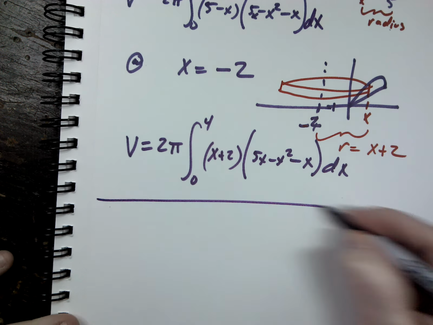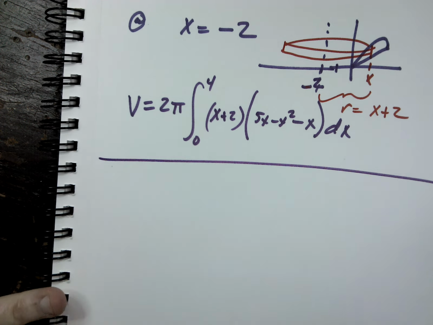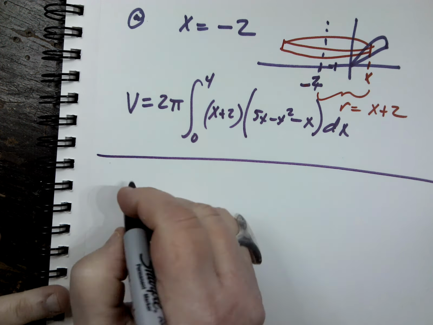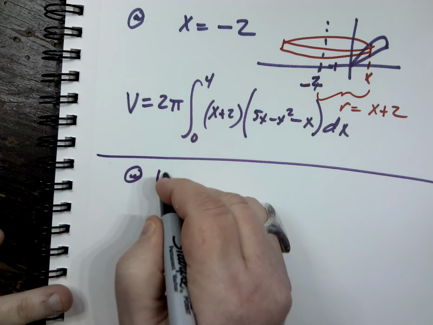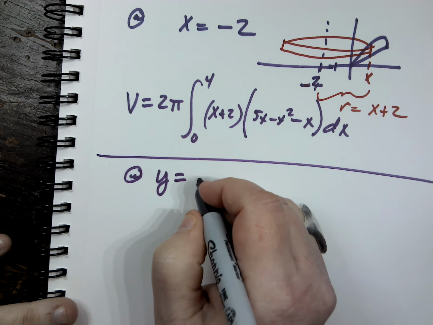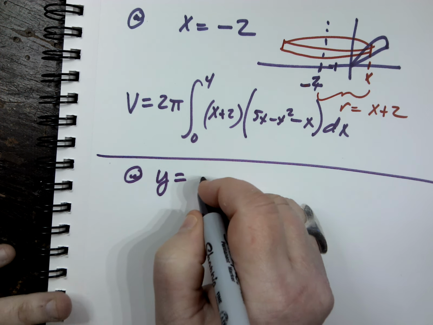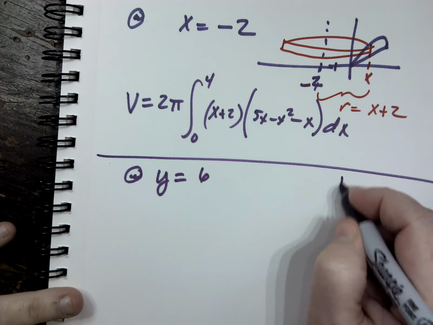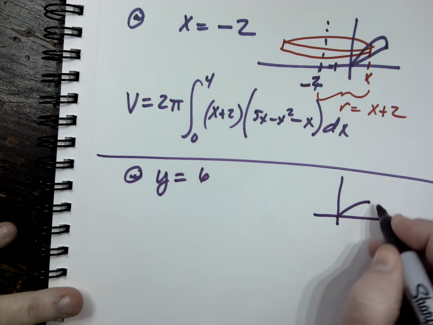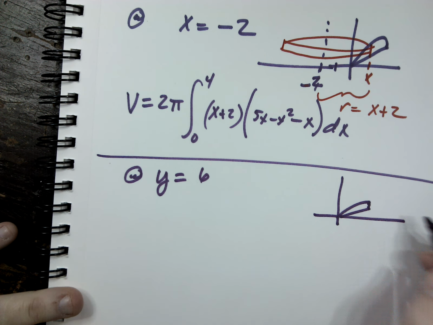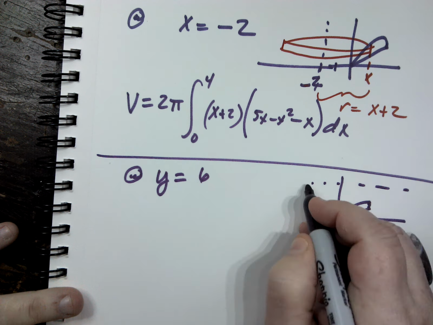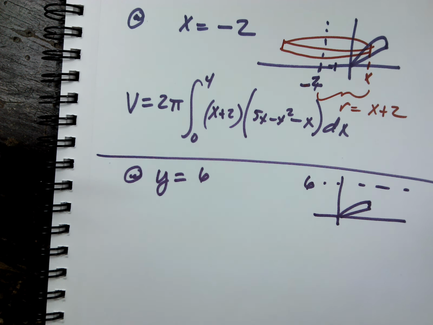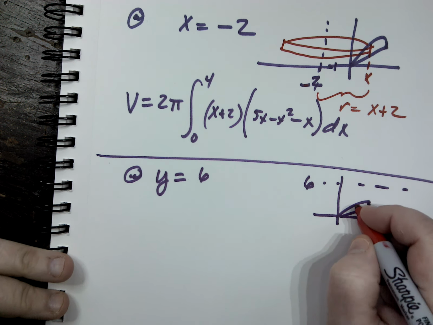Okay, now let's wrap it around some y lines, some horizontal lines. Let's say we want to go around the line y equals 6. There's my line.